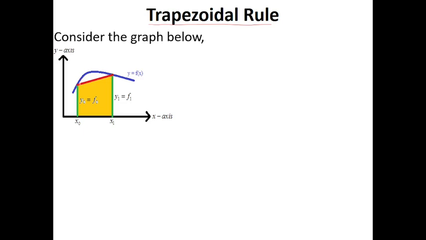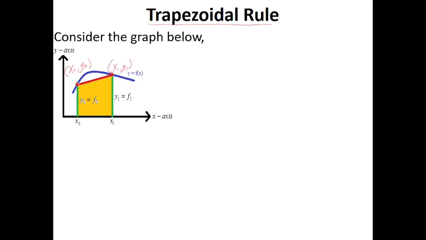So in other words, we form a trapezoid. We form a line connecting the two points. So this is x sub 0, y sub 0. This is x sub 1, y sub 1.